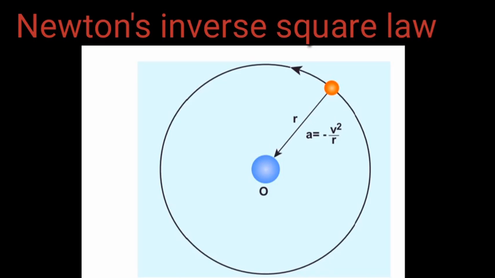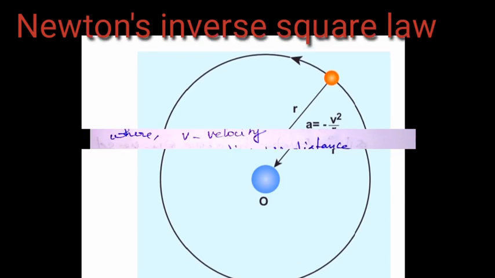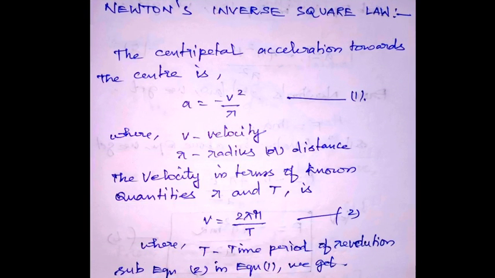So we are going to find the force on the point mass which is rotating in a circular orbit. Now consider the centripetal acceleration towards the center, denoted by A equal to minus V square by R. This is equation number 1. Here V represents the velocity of the point mass and R represents the radius separating the point mass from the center.